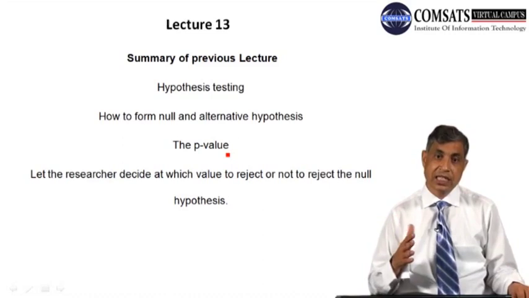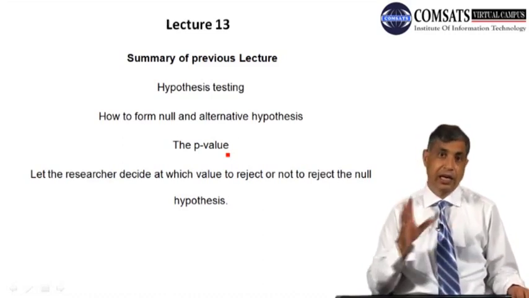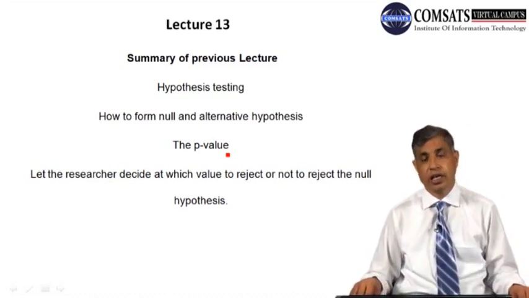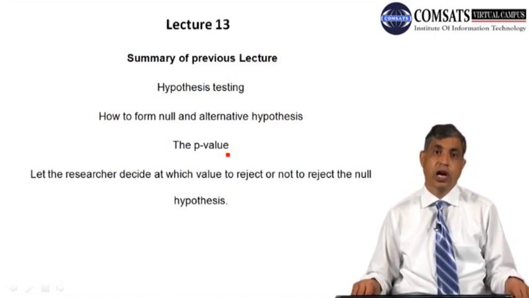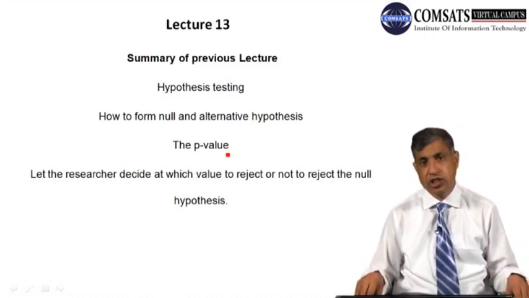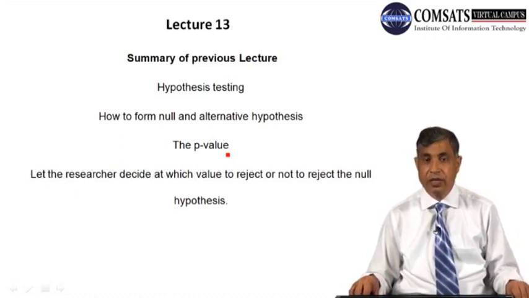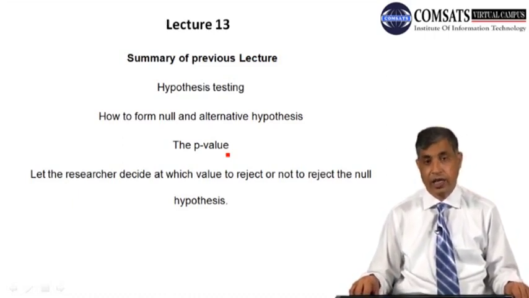So the process is how to form the null and the alternate hypothesis. The alternate hypothesis is also called the maintained hypothesis. We test our null hypothesis against the alternate hypothesis.